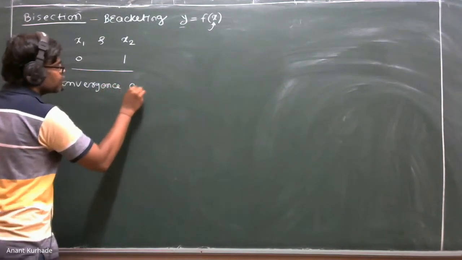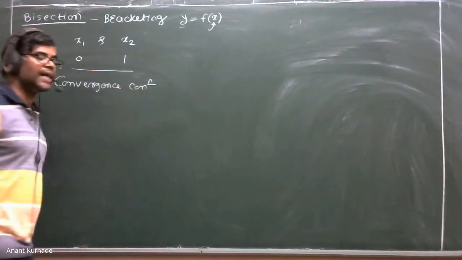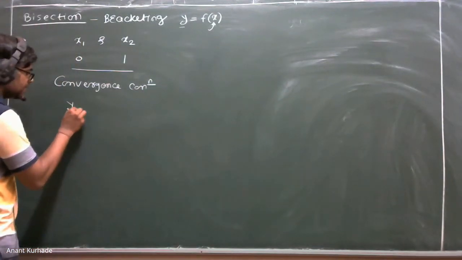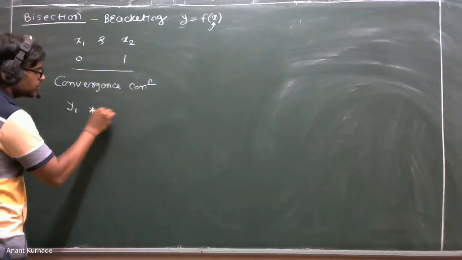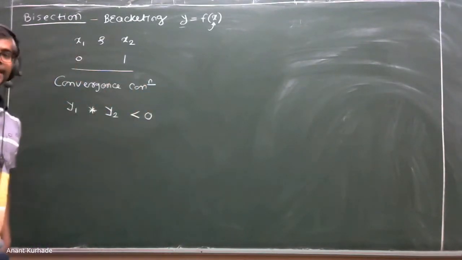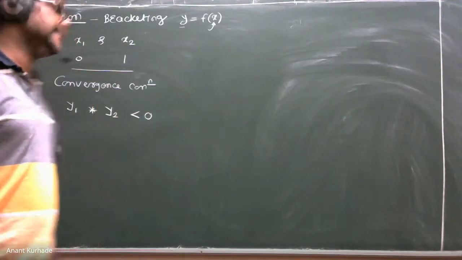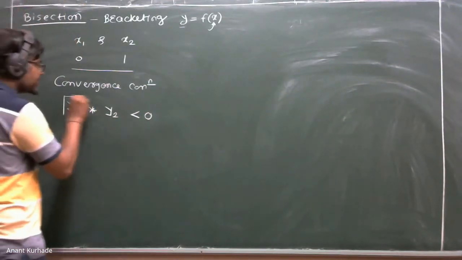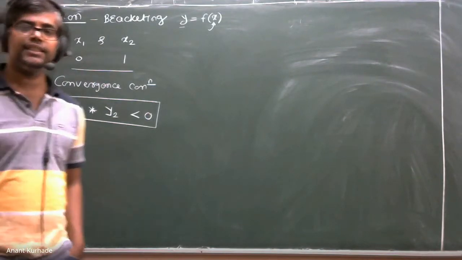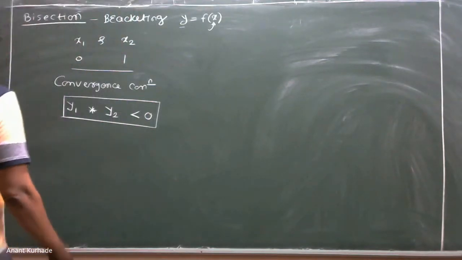Convergence means approaching towards the exact root, and the convergence condition is y1 into y2. This product should be less than 0. Remember this condition. Now, how can we get y1?